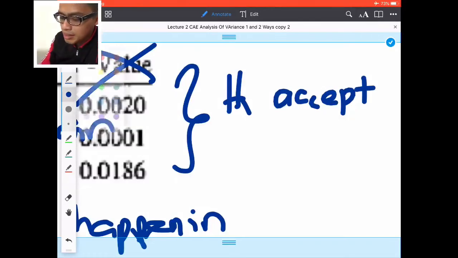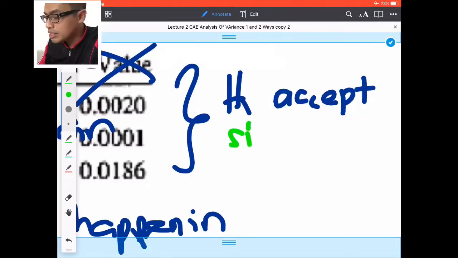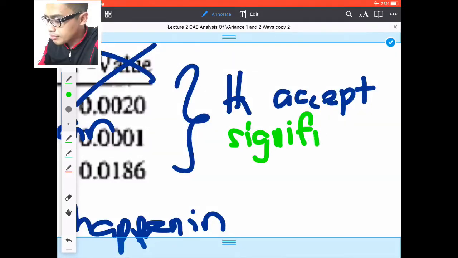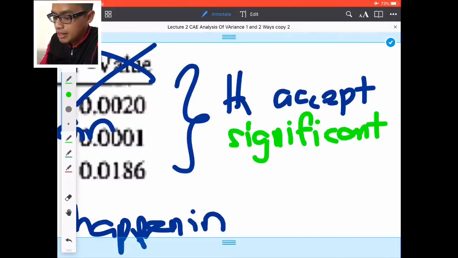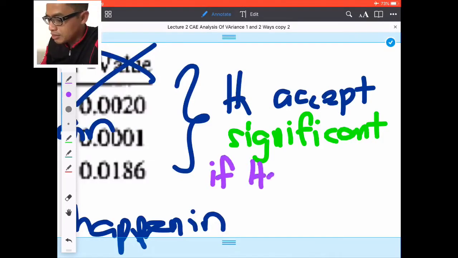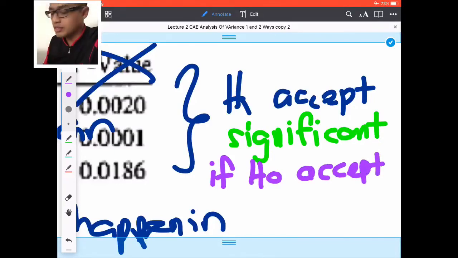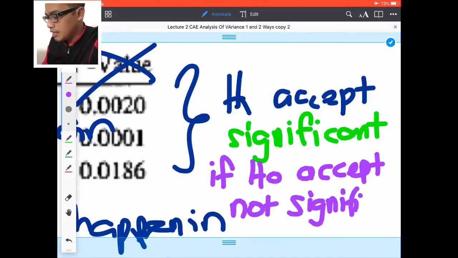What does that mean? It means green. It means they are all significant. Don't change them, right? If, let's say, H0 accept, then you can change them as you like because it is not significant.